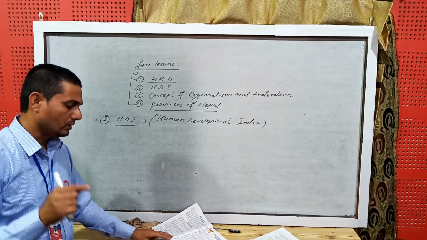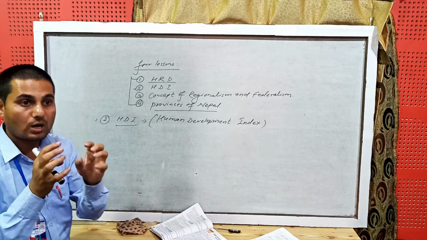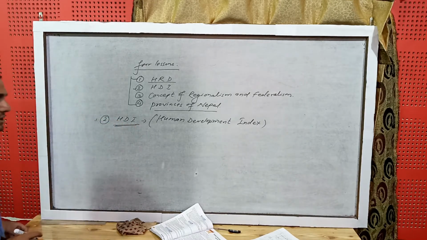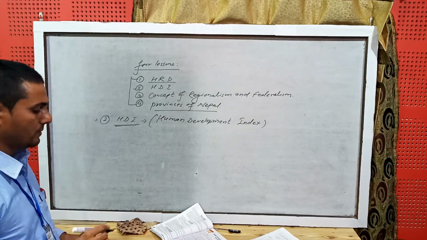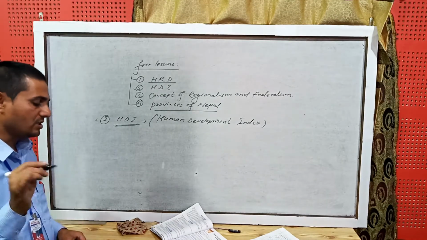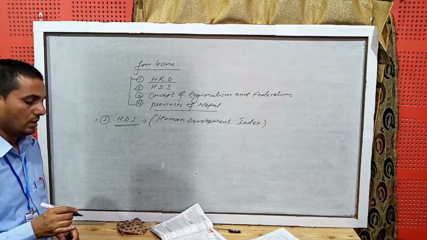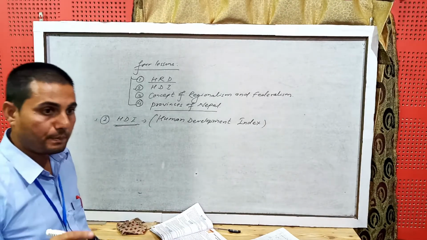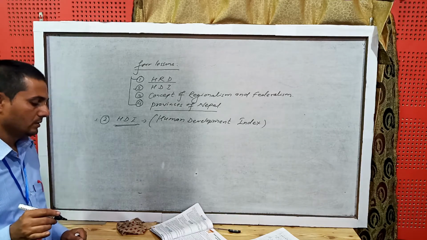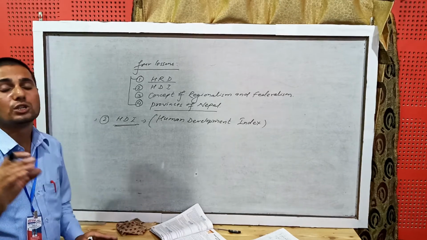The first persons to coin the term HDI are the Indian economist Amartya Sen and the Pakistani economist Mahbub ul Haq. And the concept of HDI was developed by UNDP since 1990.